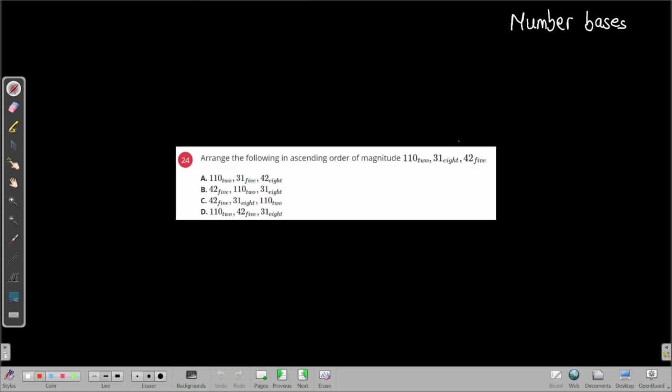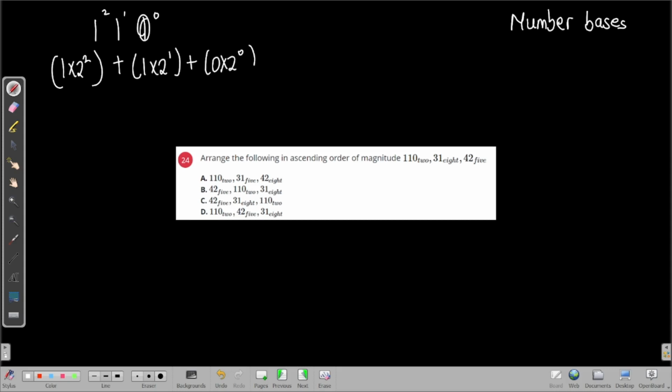So we have to arrange the following in ascending order. In order for us to arrange it in ascending order, we need to put them on a common base. Okay, so the most common base will be base 10. So let's quickly do that conversion. So for the first one, the first one is 6. Okay, 110 is 6.